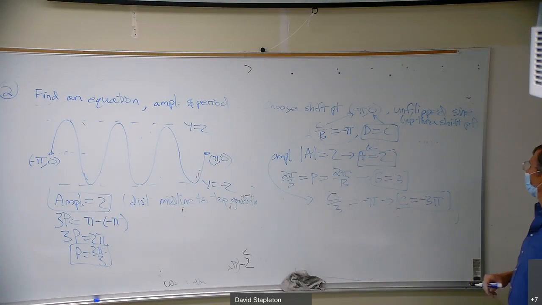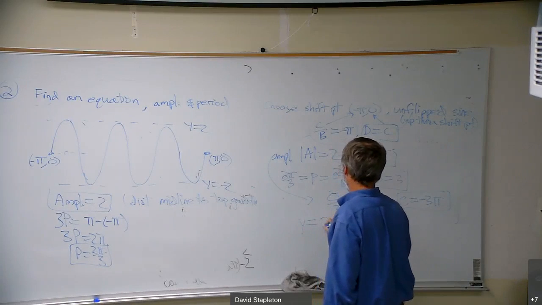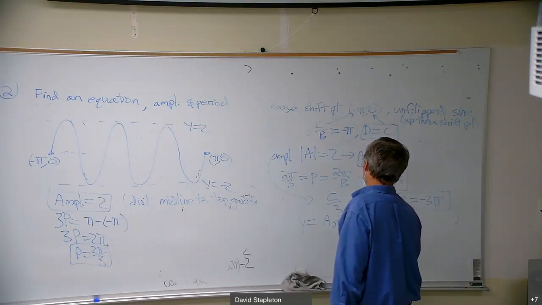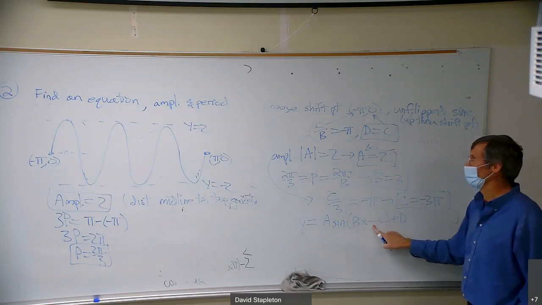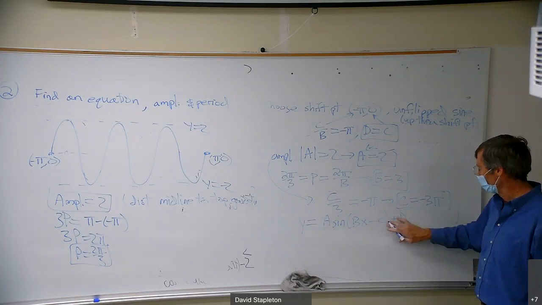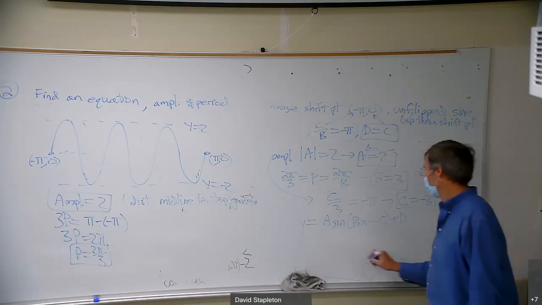All right, A, B, C, D, I have it, unflipped sine. I've got Y equals A, which was 2. Let's write it out. A sine BX minus C plus D. Some books like to use plus C, and then they'll say the phase shift is minus C over B. I'll just warn you about that. Some books will take minus the C that we do. It just depends on the text you use.